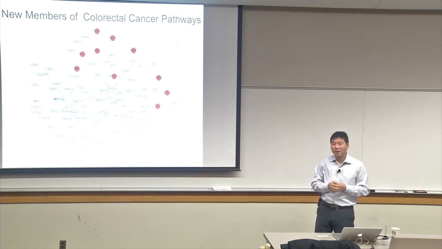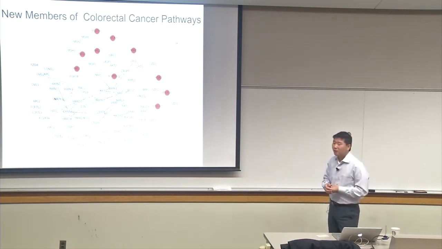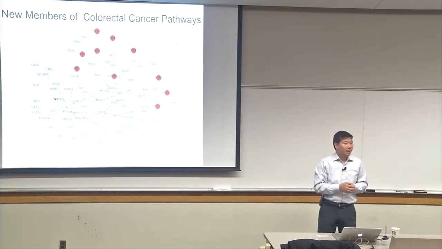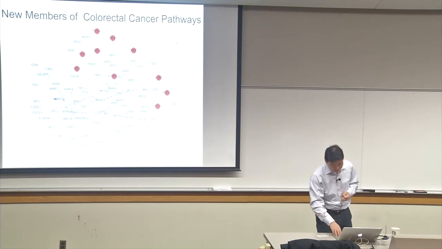A lot of them we found that recent papers report that they are relevant. So again, this is just to say that with this kind of method, you can do a more targeted study of the disease genes, right? If you know which ones are the important ones, then your study can really focus on those.